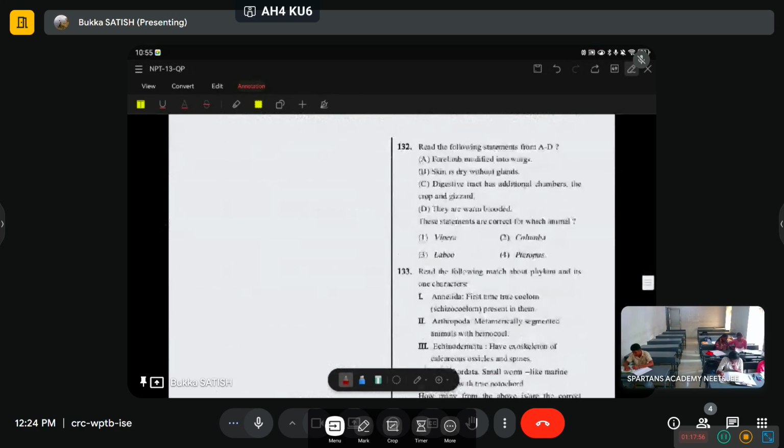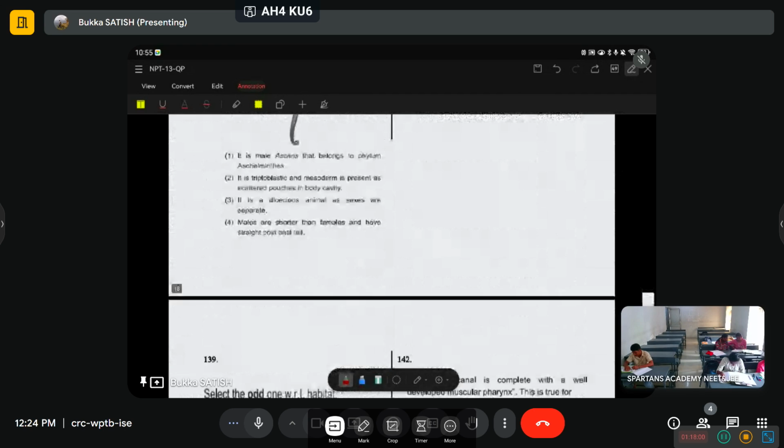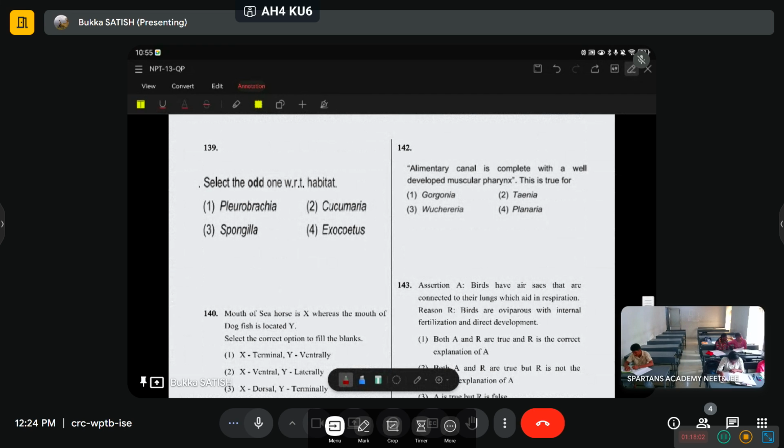139. What's the doubt? Here, check the habitat of Pleurobrachia, Cucumaria, and Exocoetus.